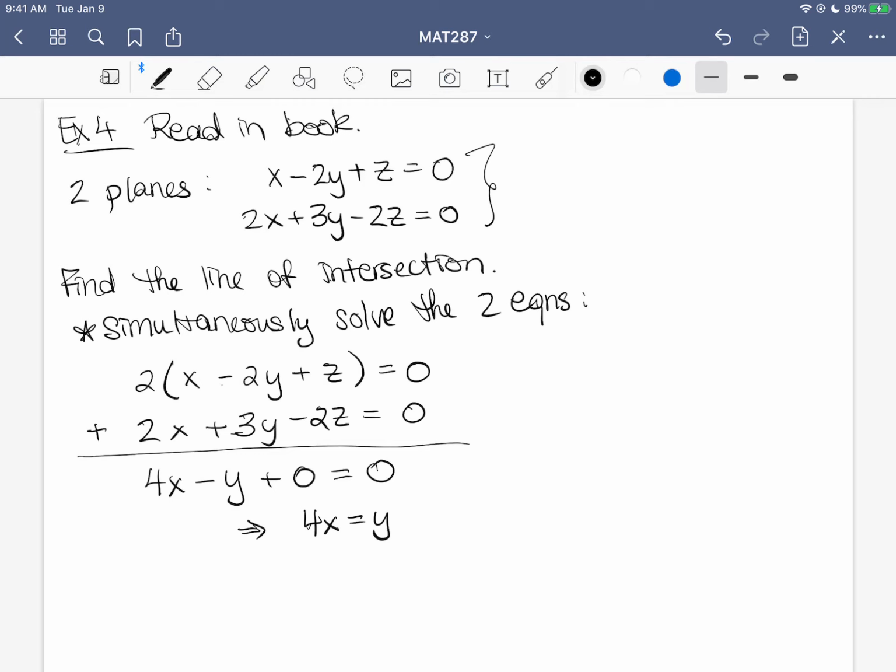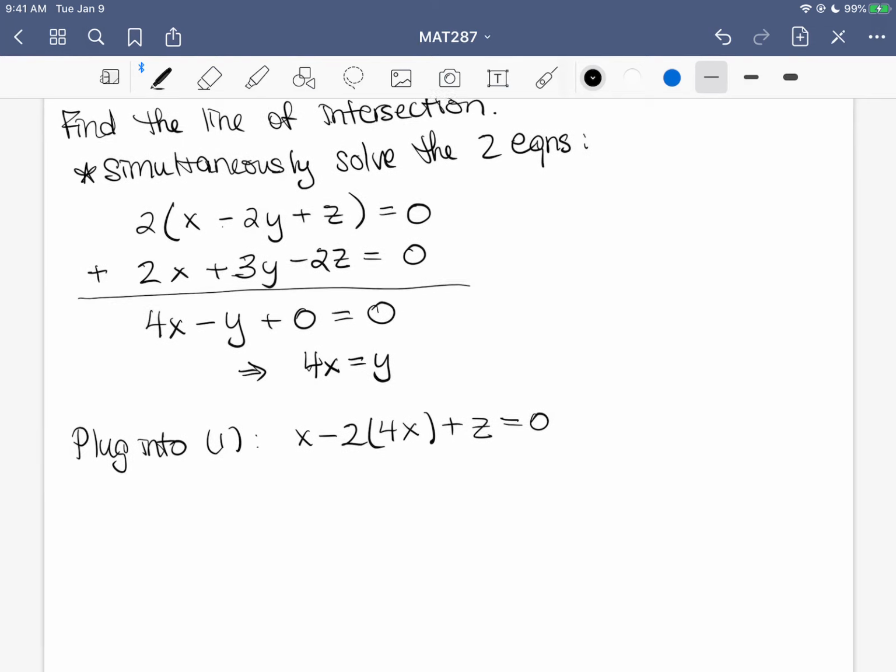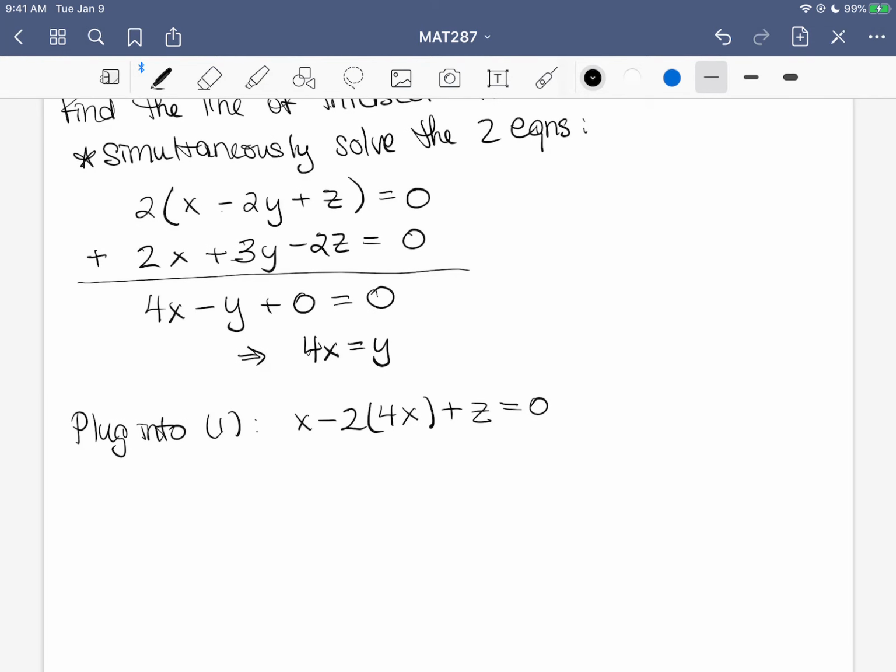Okay. Now let's plug into the first equation. So I get x minus 2 times 4x plus z equals 0. So this is negative 7x, plus z equals 0.